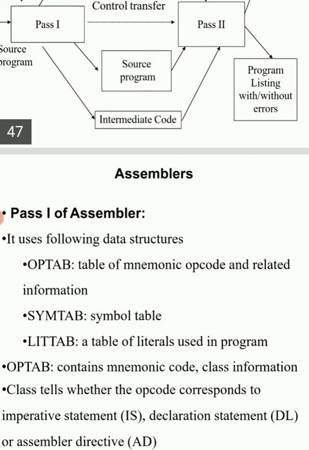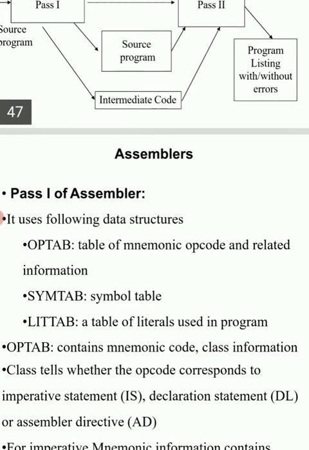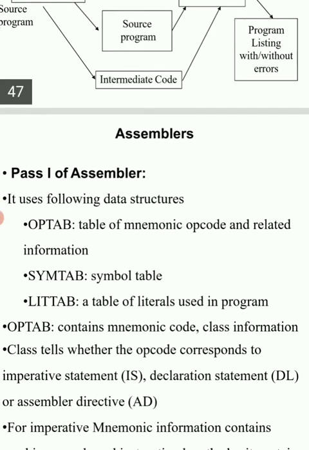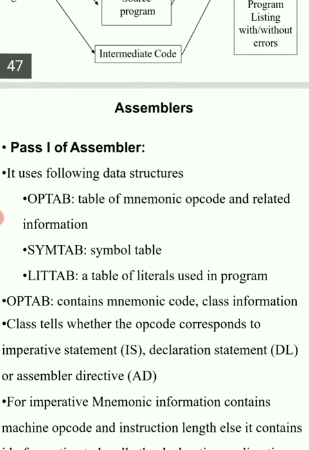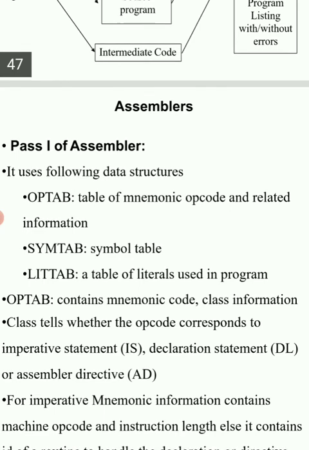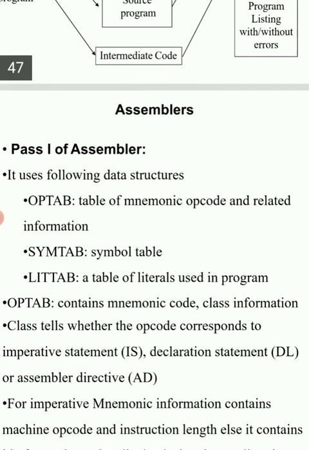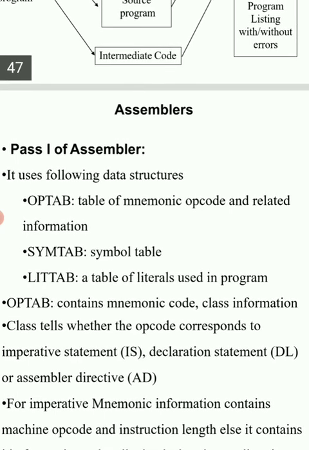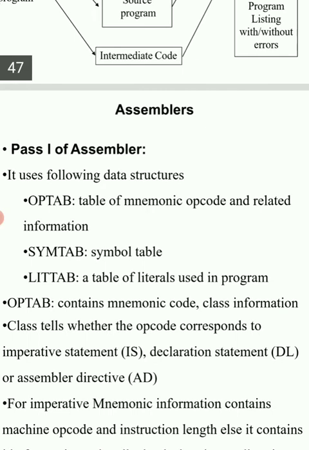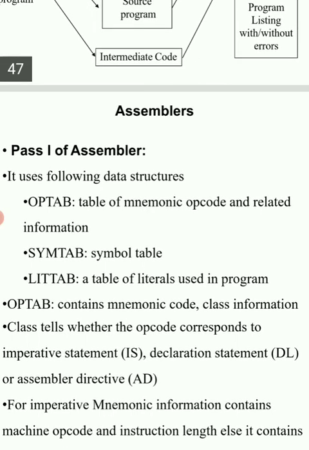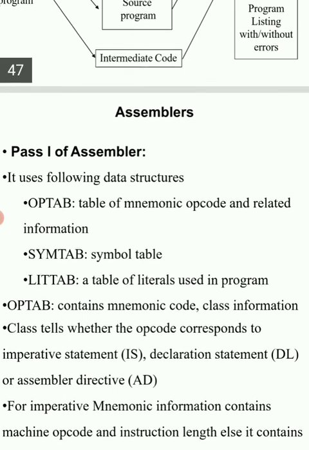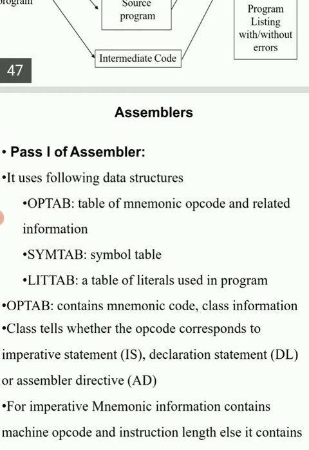When we talk about pass 1 of the assembler, it uses OPTAB, SYMTAB and LITTAB. OPTAB is a table of mnemonic opcodes and the information related to them. SYMTAB is related to the symbols. LITTAB is a table of the literals which we can use in the program.